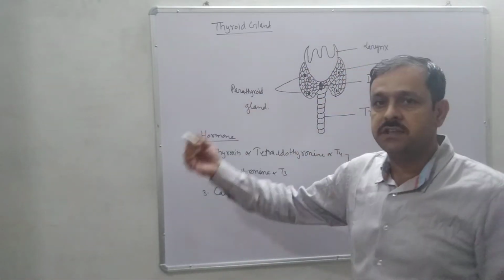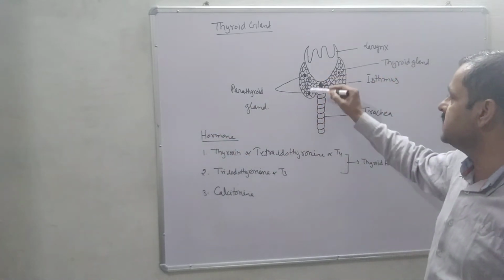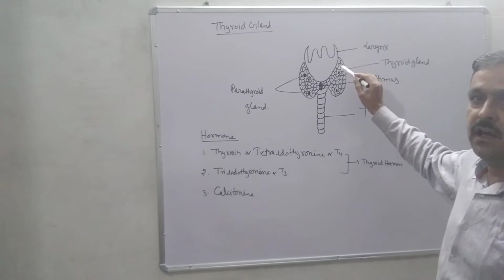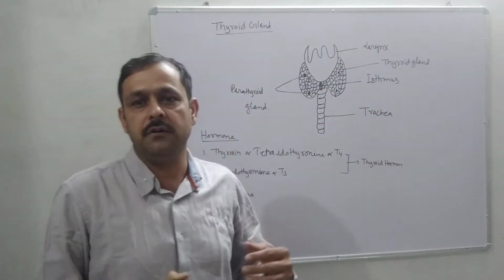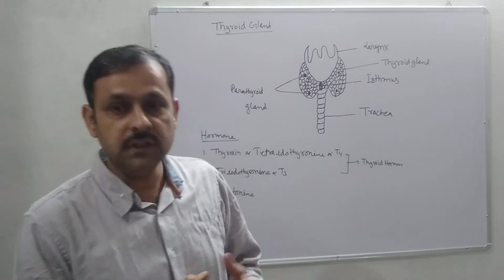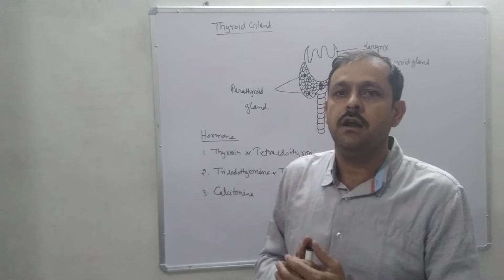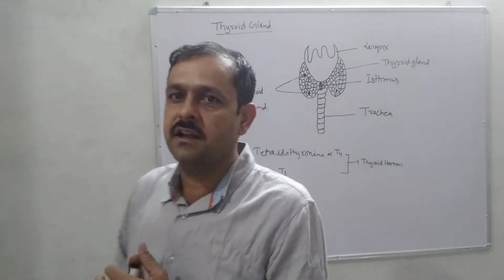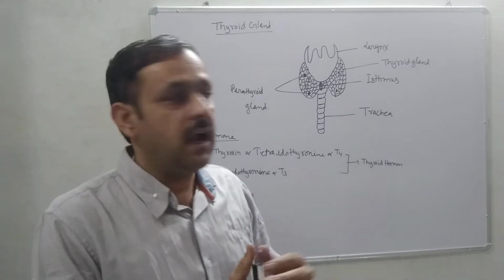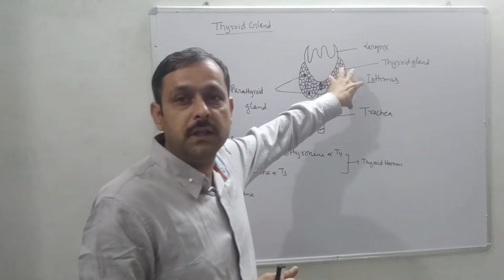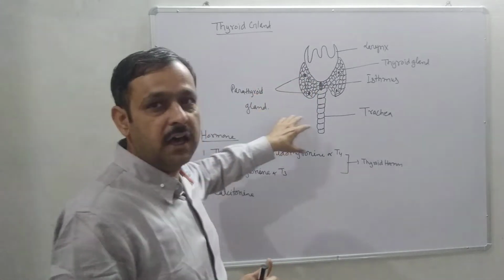And our next gland is parathyroid gland, which is also situated in between the follicles of the thyroid gland. Whenever we talk about the thyroid gland, the gland is made up of many spherical follicles, and between these follicles parathyroid glands are found.